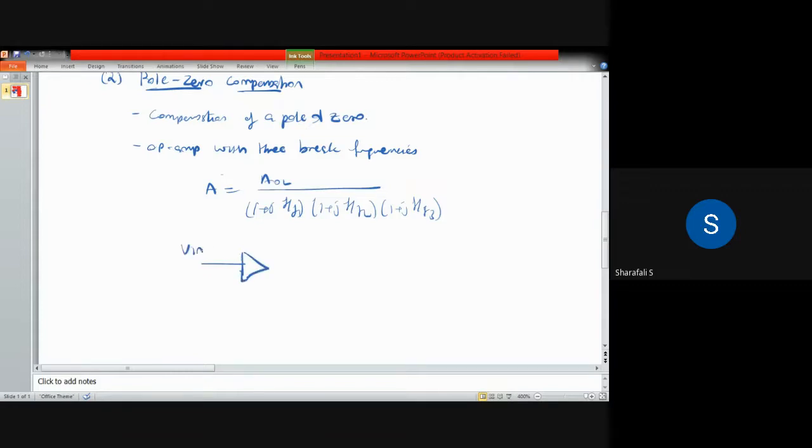So this is our V in, this is the amplifier with the gain A. Then we have V0 dash, and this is going through one resistor, another resistor here, then a capacitor. So unlike the previous circuit, we have two resistors here, one resistor before this capacitor, and then we have this output.